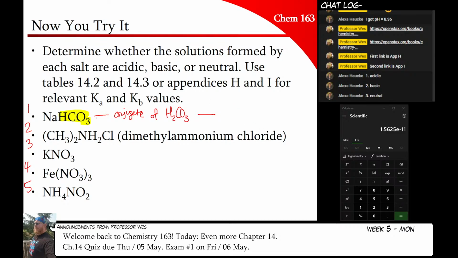But in this case, if I go and look up any Ka or Kb values for this, what I'll find is that the result tells me that it... Oh, why did this scroll all the way down to the bottom? Oh, because it's not the window I wanted, sorry. So let's see if I can find this. It's not Appendix H there. Hydrogen carbonate.